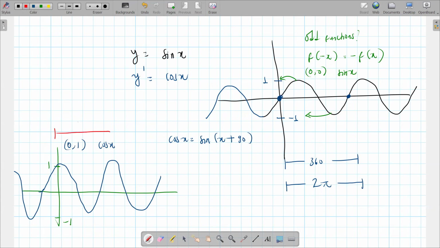So from here to here, any 2 points you pick, it's going to be 360 or 2 pi radians. So it's just a variation of sine x. And you can also think of sine x as a variation of cosine of x. If you move cosine 90 degrees to the right, to get this out of this, you have to shift this 90 degrees to the right. So x minus 90. They're related.